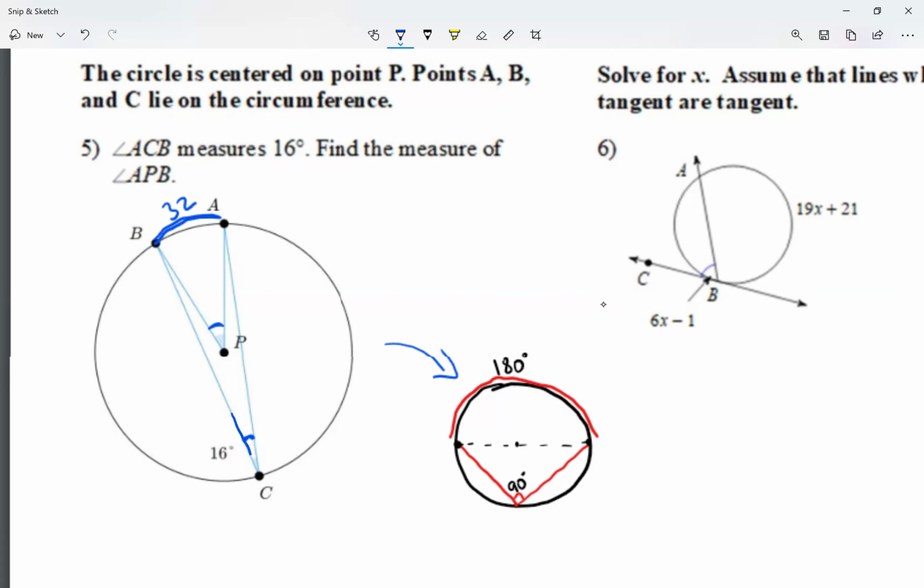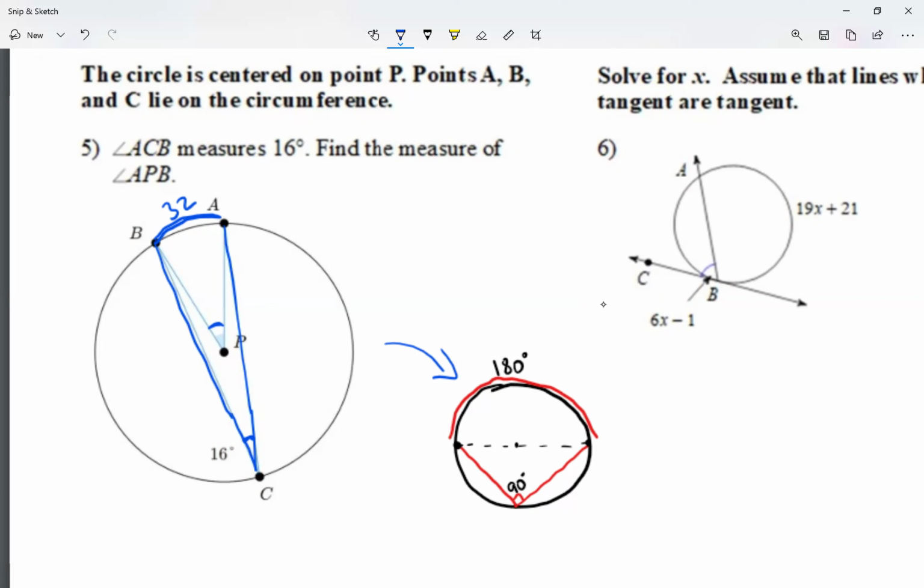Because remember, the angle ACB is 16. So the arc that it creates, let me extend this, is 32. Remember, the angle times 2 is equal to the arc.